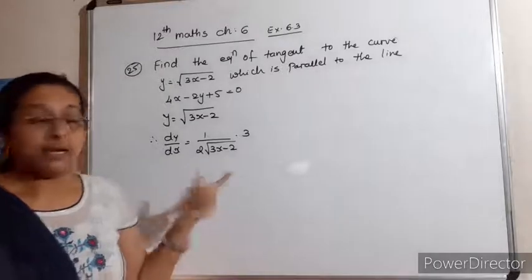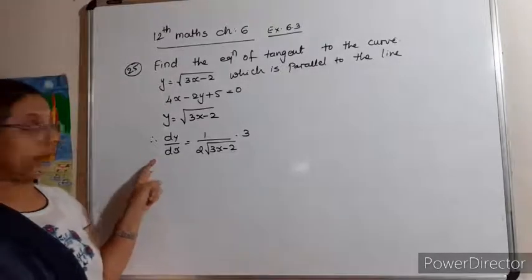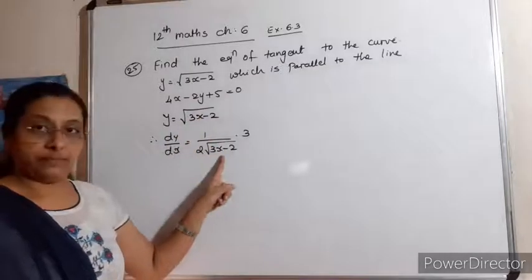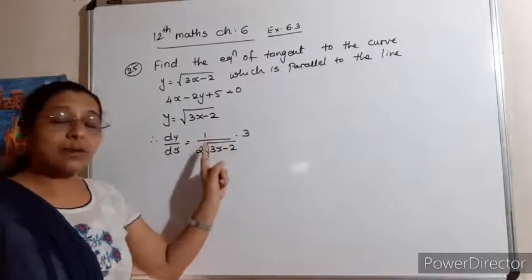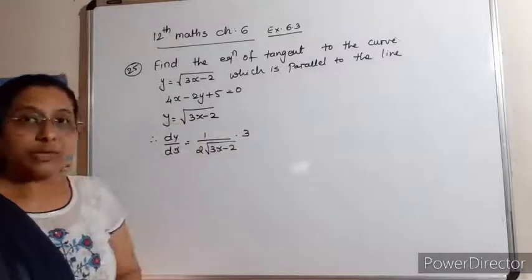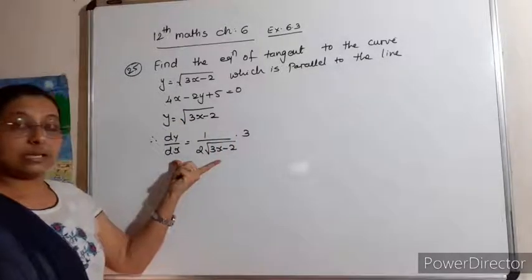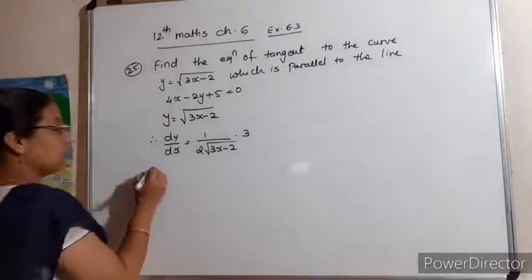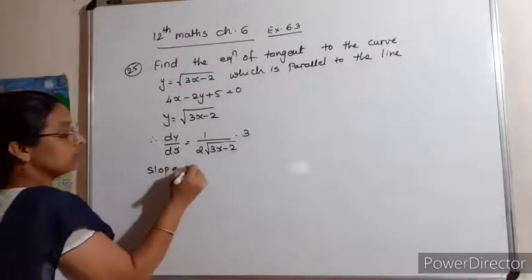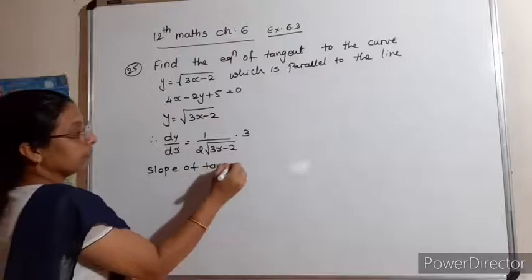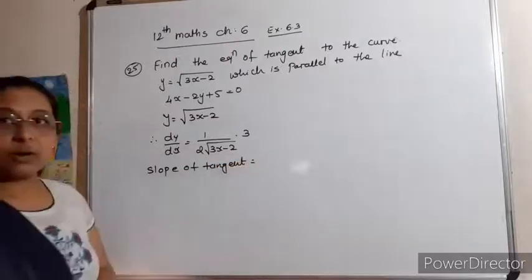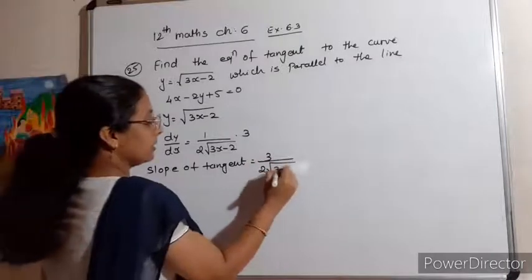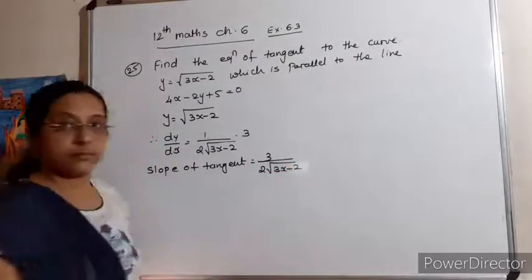So dy by dx is equal to, here the derivative of the square root will be 1 upon 2 root, and the derivative of the bracket 3x minus 2 will be 3. So this is dy by dx at the given point. So this is the slope of the tangent. Therefore we can say that the slope of the tangent is equal to 3 upon 2 under root 3x minus 2.